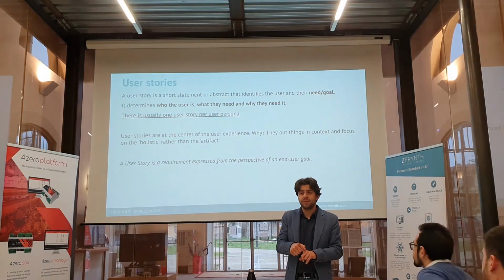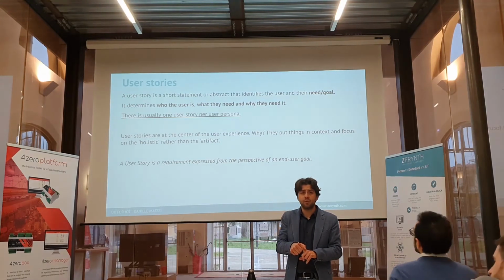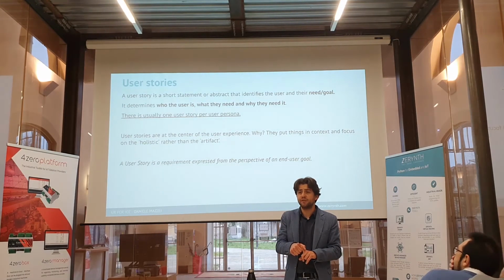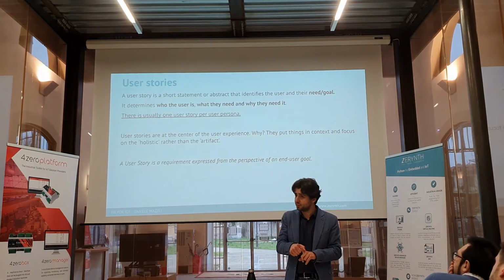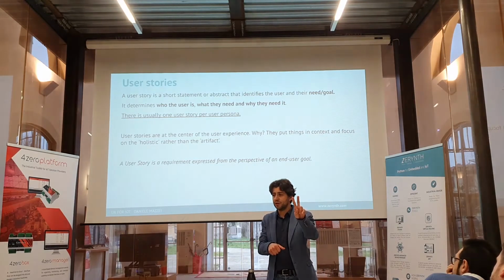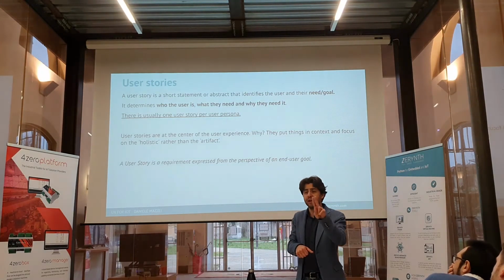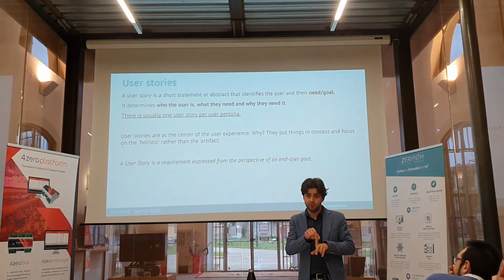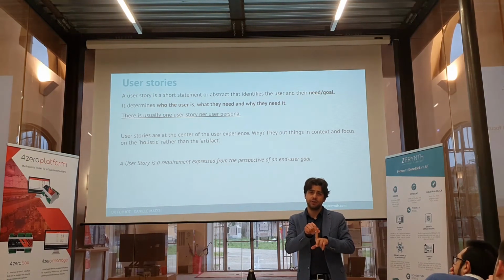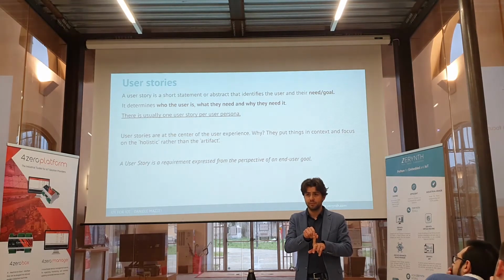Vice versa, if you have one user story that fits more than one persona, you created too many personas. Because it means that you created two categories of users that have the same goal. And goals are the main driver of the definition of the user base and of the software features. Clear?